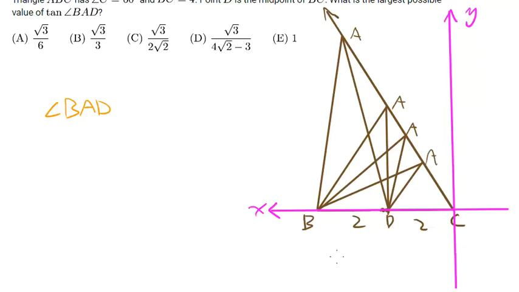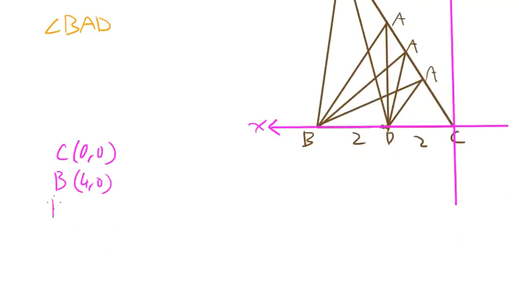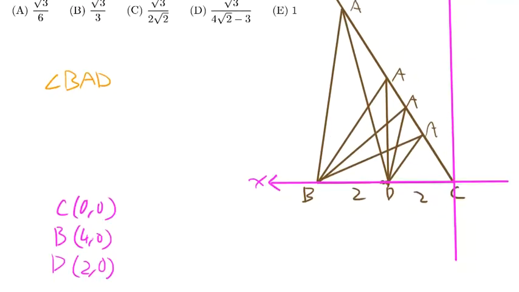Alright, now let this become B. C is, of course, (0, 0). B is (4, 0). And D is (2, 0). Now A is going to be on this line here.